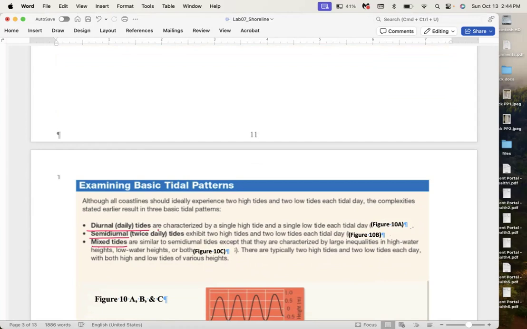So a diurnal tide is a daily tide, one high tide, one low tide. Semi-diurnal is twice daily, so you have two high tides and two low tides. Mixed tides look much like semi-diurnal, but they have usually very high water heights and very low water heights.